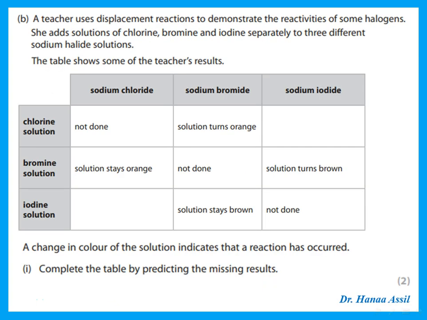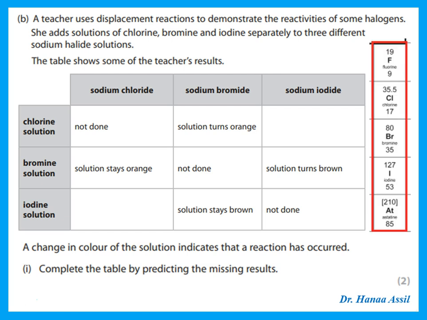A teacher uses displacement reactions to demonstrate reactivities of some halogens. She adds solutions of chlorine, bromine, iodine separately to 3 different sodium halide solutions. Again, we're going to say in group 7, the one on top is more reactive than the one below, and that means the one on top is the one that will displace anything below.